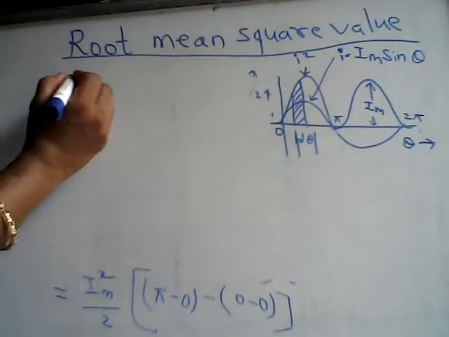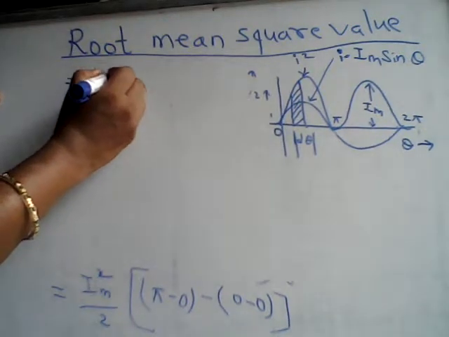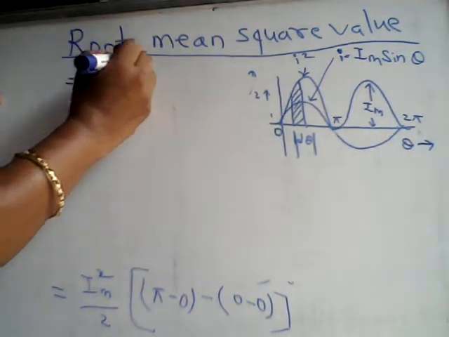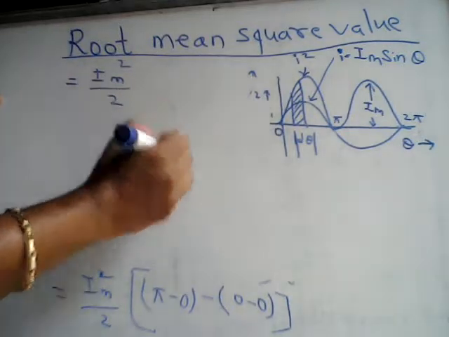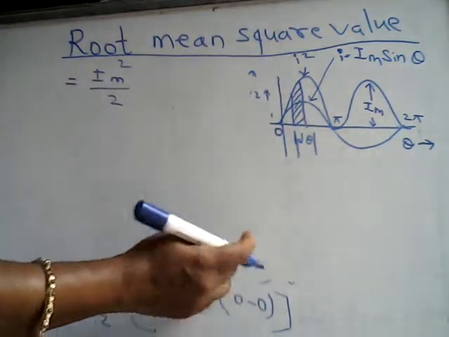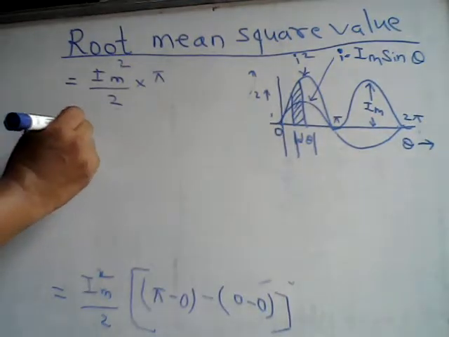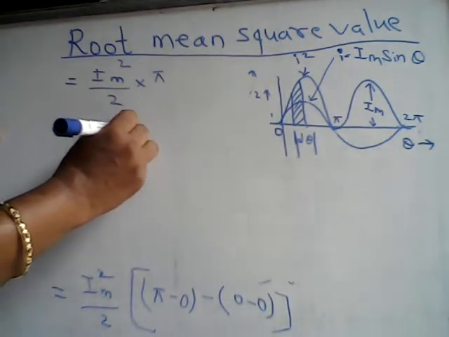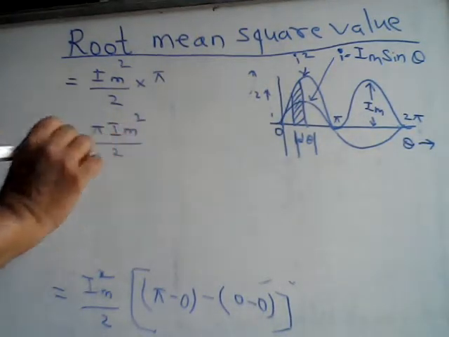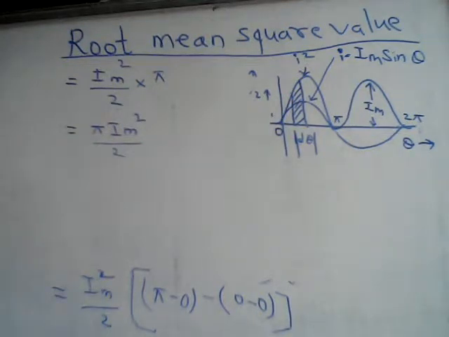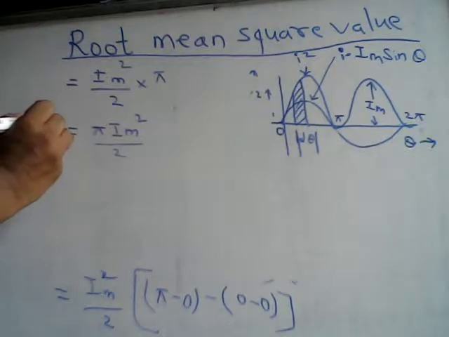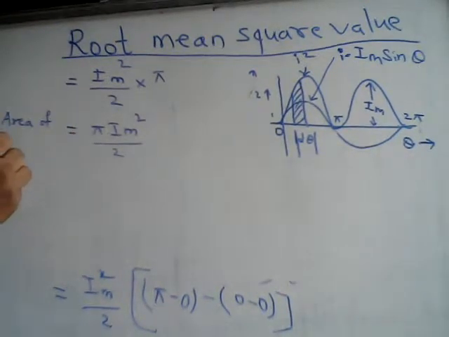Now this will be equal to Im square by 2 into pi, and the remaining will become 0. So this is equal to pi into Im square divided by 2. This is what we got, the area of the strip.